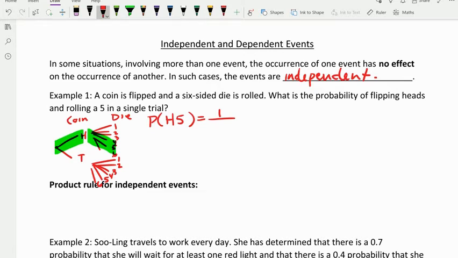We have 2 outcomes for the coin times 6 outcomes for the die, so the total number of outcomes is 2 times 6, or 12. Then the probability of getting a head and a 5 is going to be 1 out of 12. And that's my answer to this question.